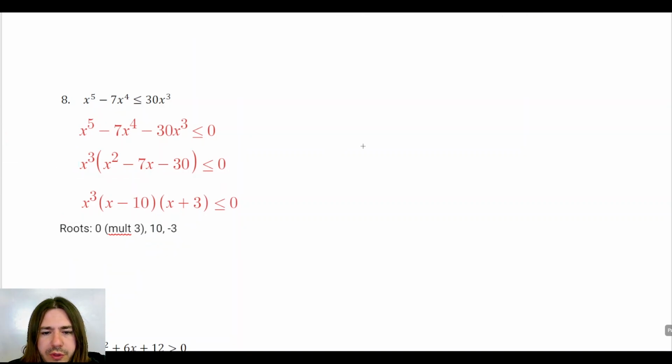So here we go with the number line once again. I'm going to label my roots. Here's 0, here's 10 over here somewhere, and then negative 3 is going to be here.